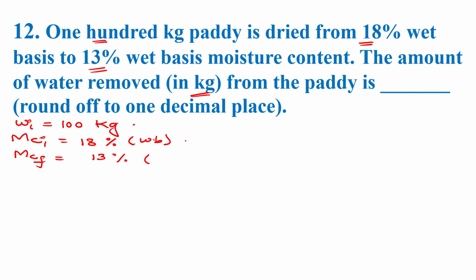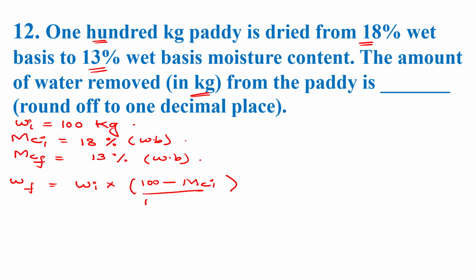We have to calculate the amount of water which is removed. So for that we need first the final weight of the paddy, that is WF, we have to calculate. So we know the formula that WF is equal to WI into 100 minus initial moisture content by 100 minus final moisture content.